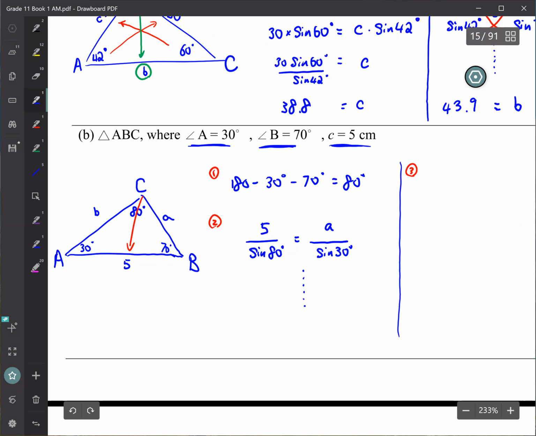You can set up using the same pair C, right? Small c over sine 80, and then B over sine 70. Okay, so this time is your turn. I'll let you find the missing sides A and B. And please raise your hand when you finish that part.